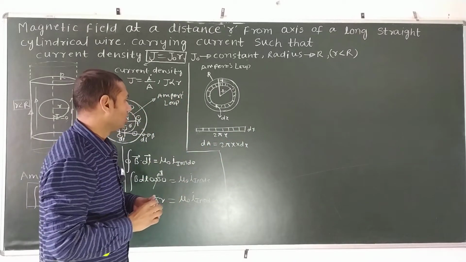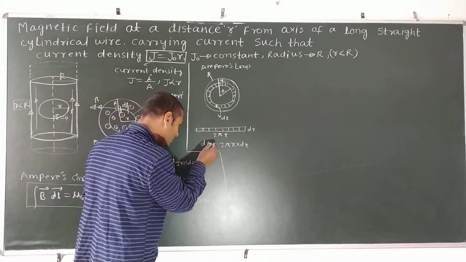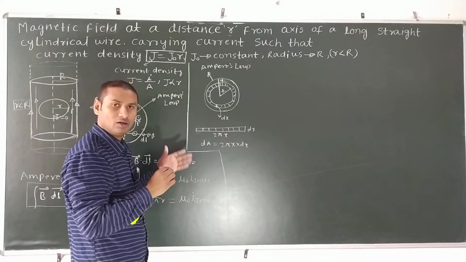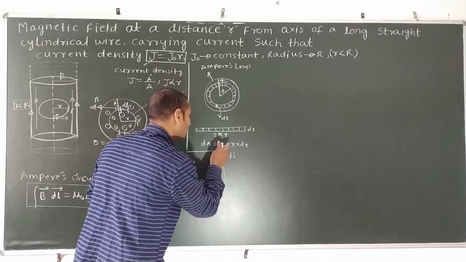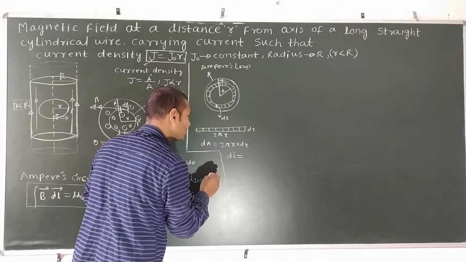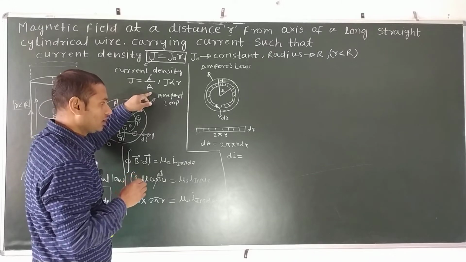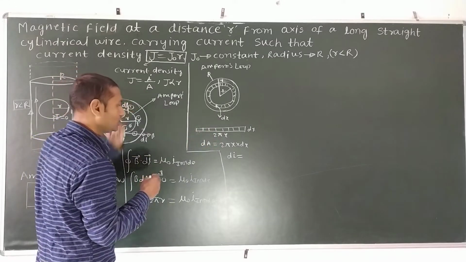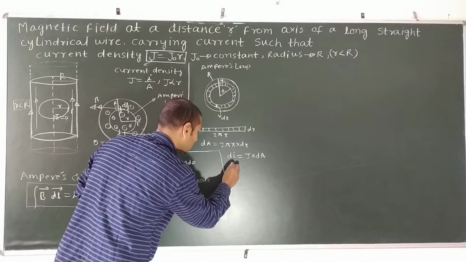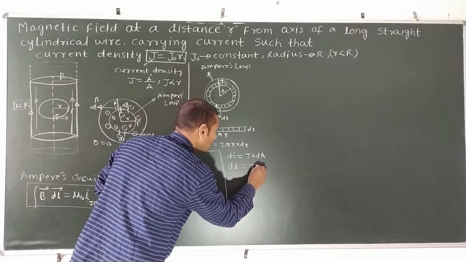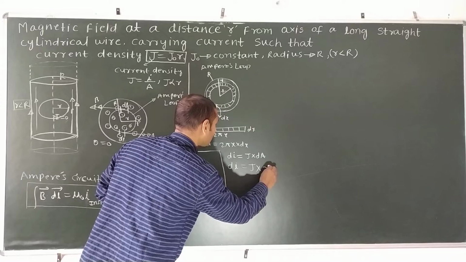And after it, we have to find out the amount of current present in the dA element. The di becomes J into the area dA, and dA we have already defined as 2 pi x dx.